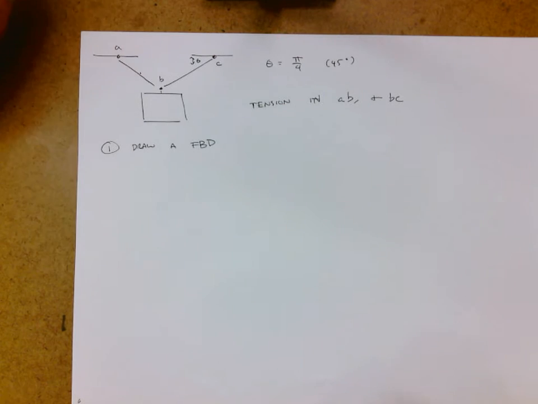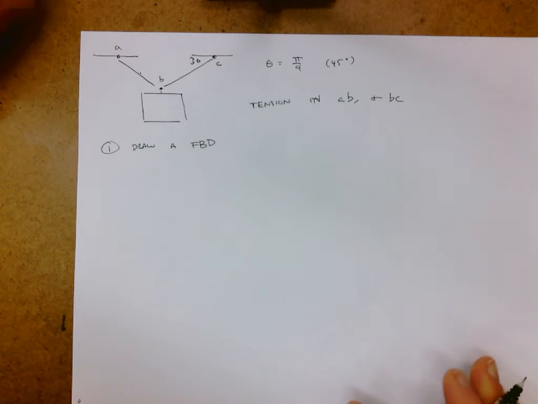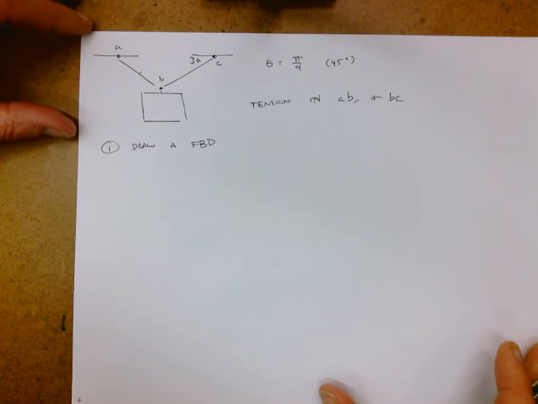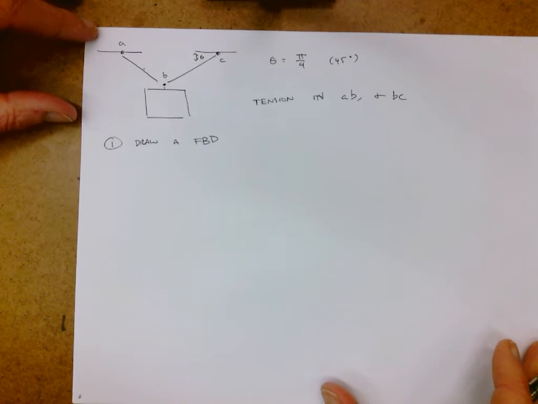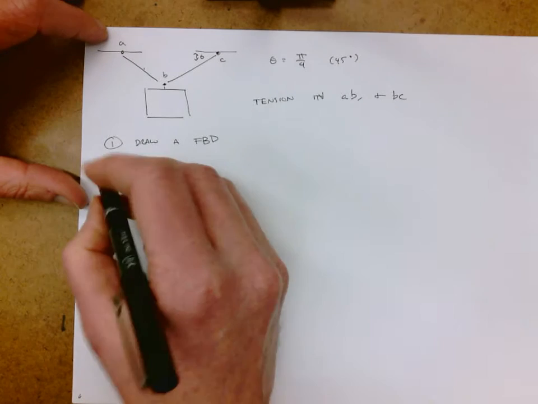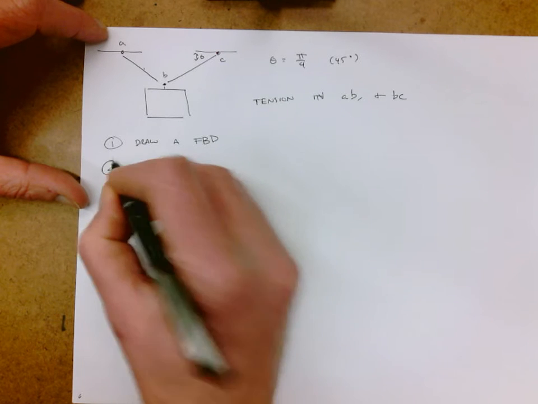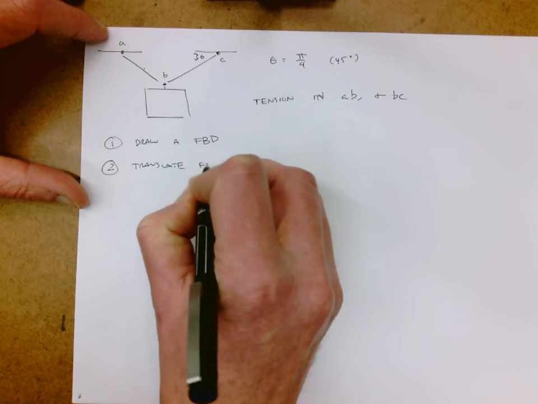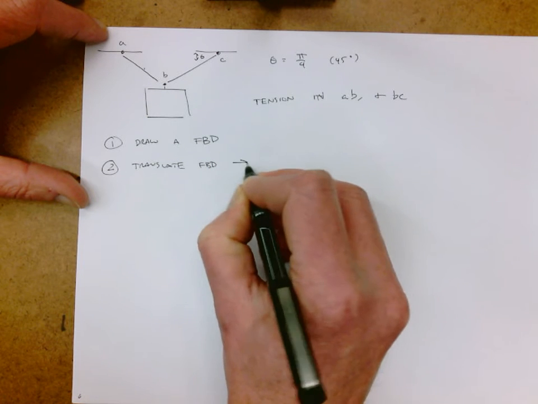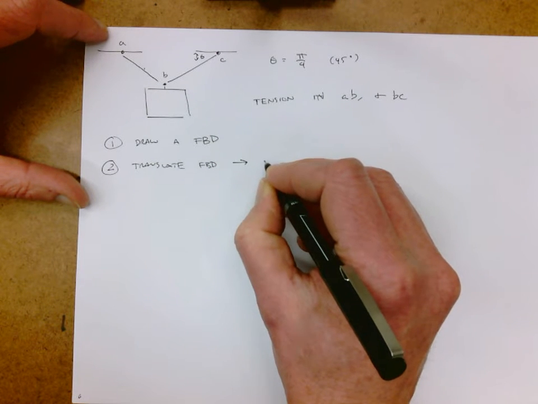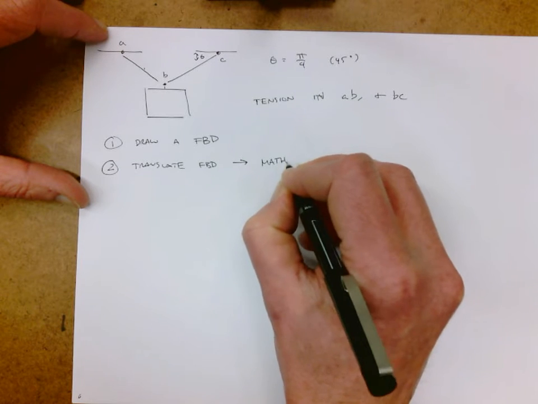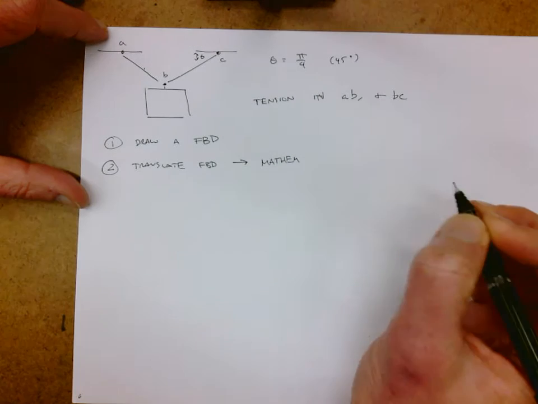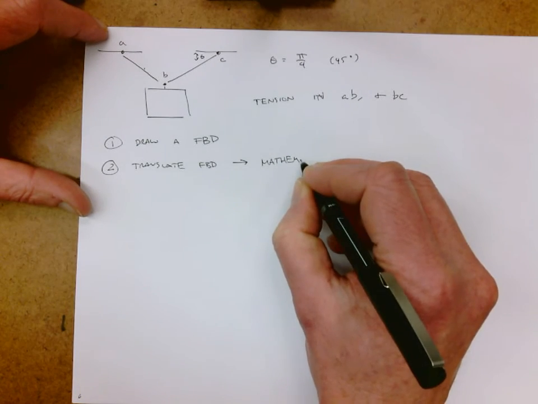And that will force me to really think through a lot of what the forces are, where those forces are applied, or the extent to which I know where those forces are applied. The second thing I'm going to do is translate that free body diagram to a more formal mathematical statement of the requirements for the system to be static, or the system to be in equilibrium.